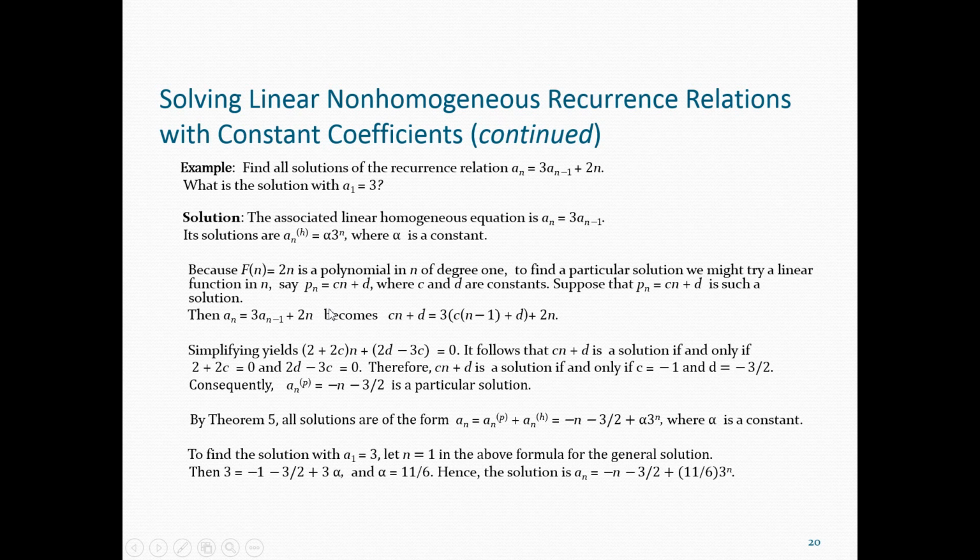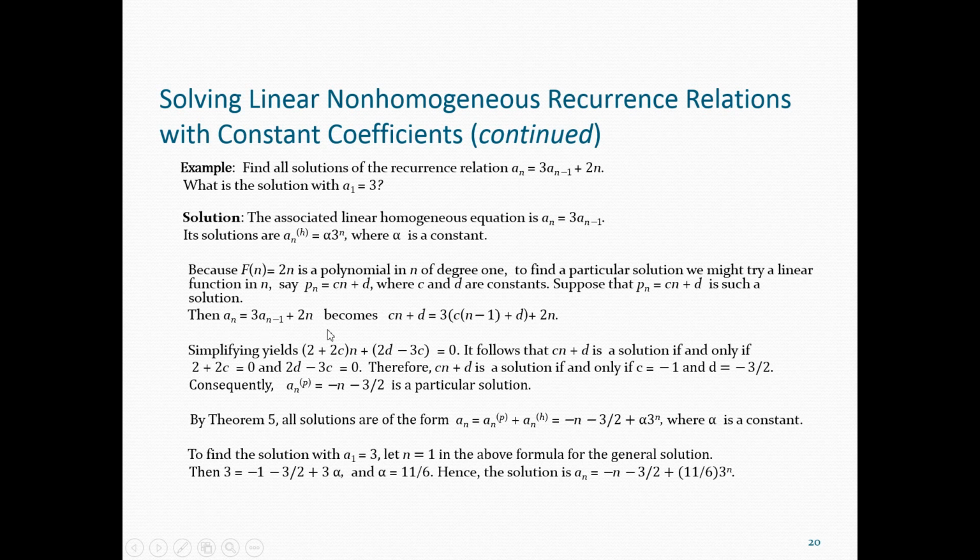So by plugging in this equation, we have Cn + D = 3(C(n-1) + D) + 2n, because a_n is Cn + D, so a_{n-1} must be C(n-1) + D. So our equation becomes Cn + D = 3(C(n-1) + D) + 2n as it is.